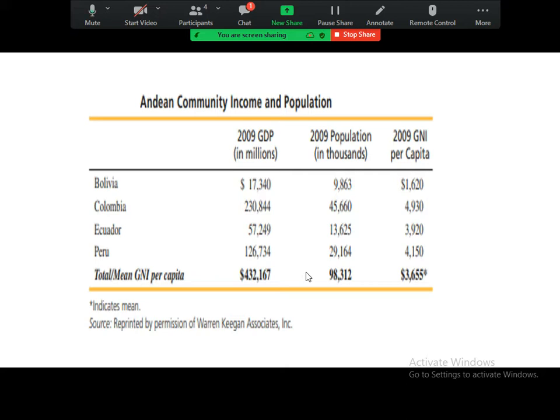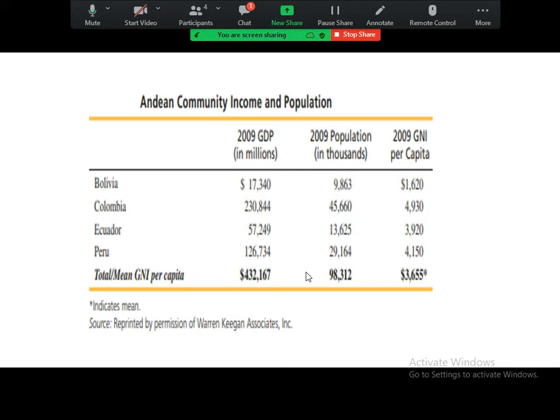Competing ideologies help to explain why intra-regional trade is not yielding more benefits. Peru and Colombia are pursuing growth through capitalism, whereas the governments in Ecuador and Bolivia are socialist-leaning.